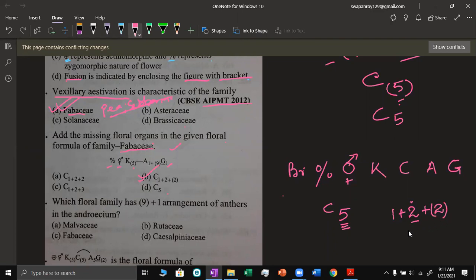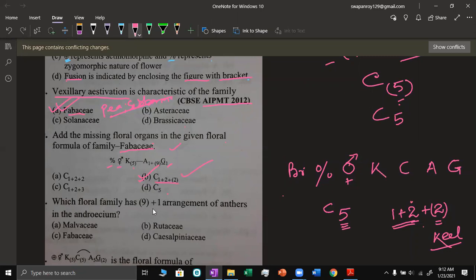So we can say the corolla in Fabaceae is partially gamopetalous and partially polypetalous. These 3 petals are free, but these two are united to form a boat-like structure. So these two are the keel. So this one is the correct answer.